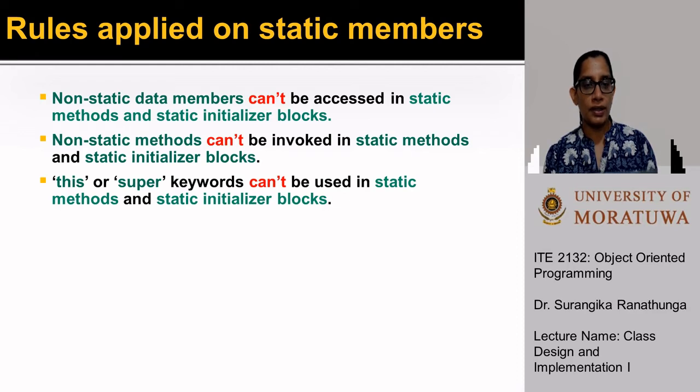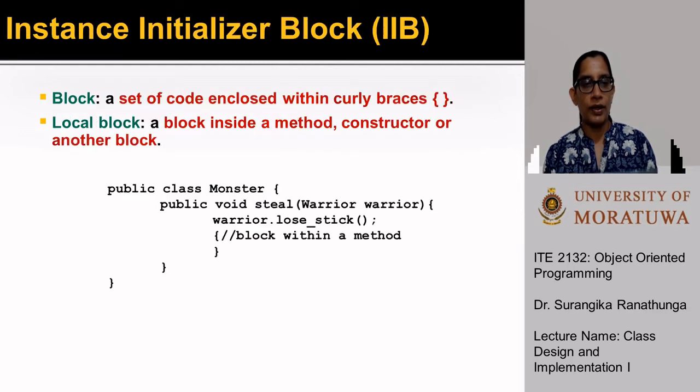To learn what these static initializer blocks are, we will first look at the instance initializer blocks. And before learning instance initializer blocks, let's look at what these blocks are. In simple terms, a block is any piece of code enclosed with curly braces. So as you can see here, we have 3 blocks.